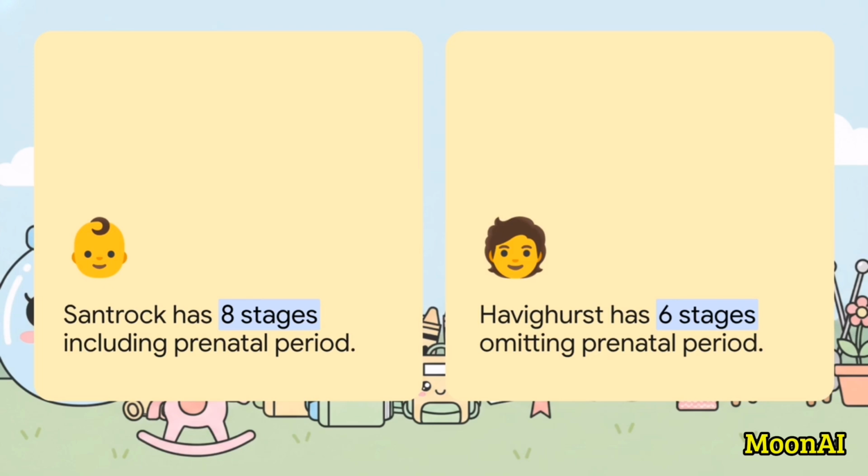He actually includes a prenatal period, and he separates infancy from early childhood. On the flip side, Havighurst's theory gives us 6 stages. He doesn't include the prenatal period at all, and he kind of combines infancy and early childhood into one single block. But listen, the core concept is the exact same for both. We move through stages and we have specific work to do in every single one.